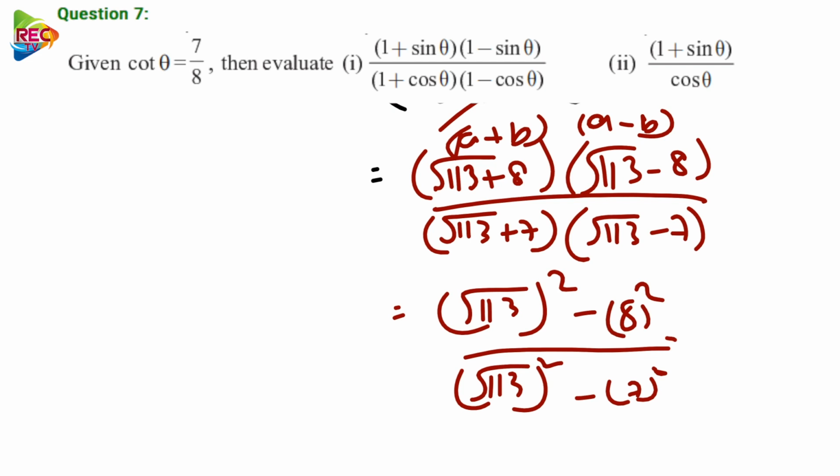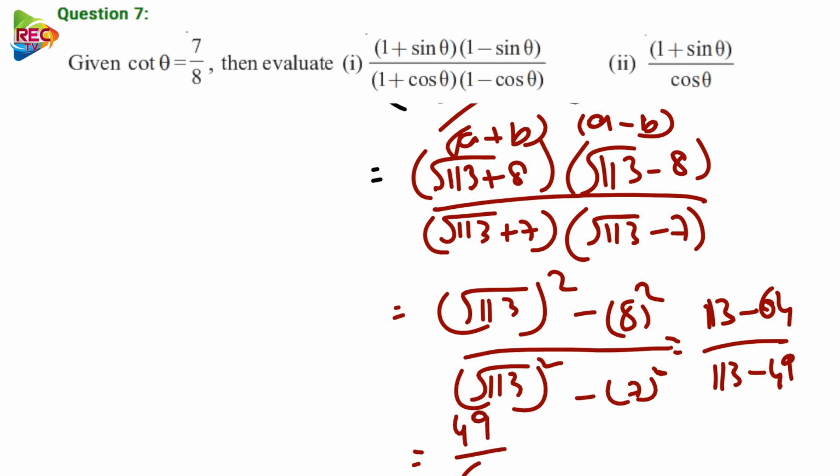That equals 113 minus 64 by 113 minus 49, which is 49 by 64.